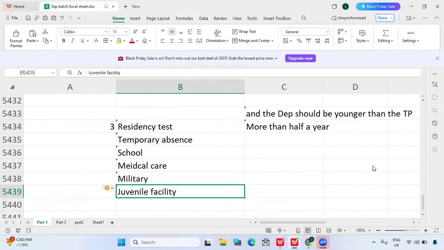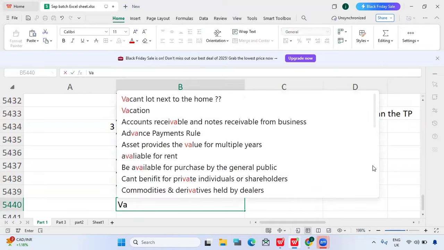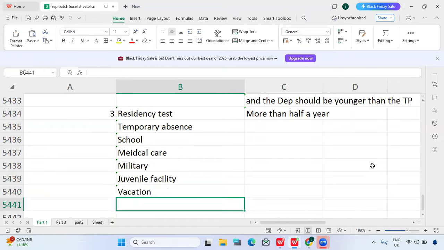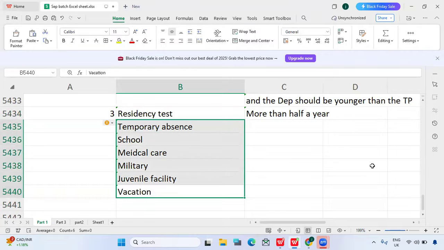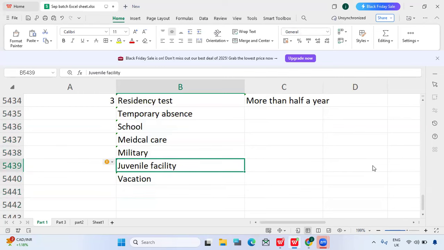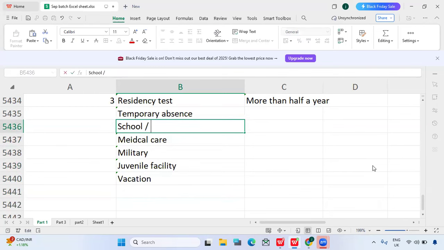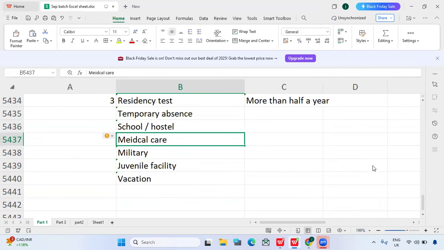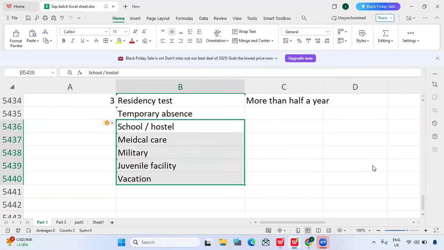That period we will also include in the residency test. And also vacations, summer camps or any school vacations, everything comes under the residency test only. So temporary absence because of school or hostel, medical care, military, these are the temporary absences, which is very important.